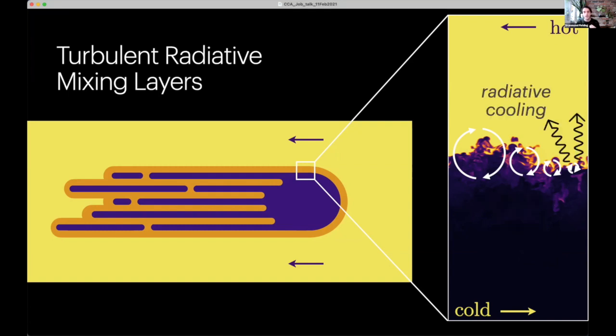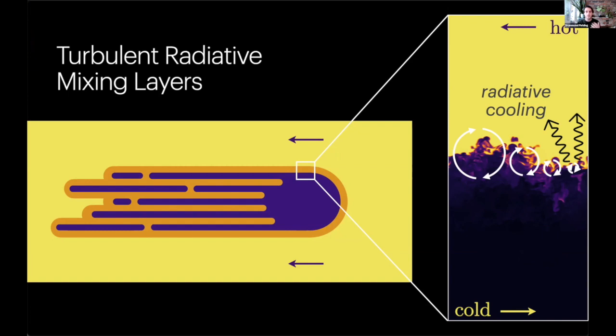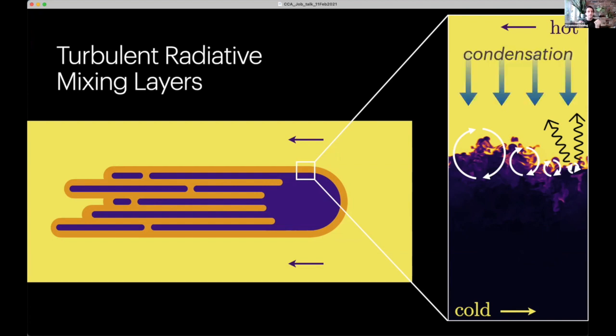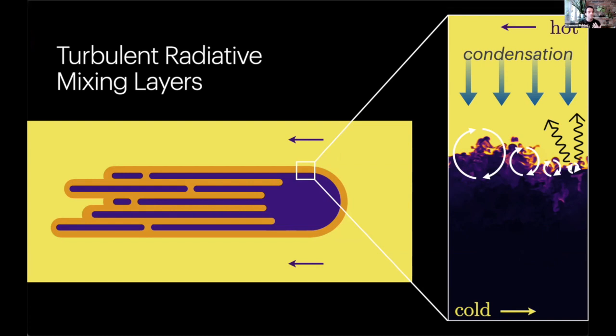And once you have that cooling, that cooling is removing energy from the interface layer. And in an effort to maintain energy balance, there will be a net flow of material, condensation from the hot phase down onto the cool phase, which explains why the cold clouds actually grow.